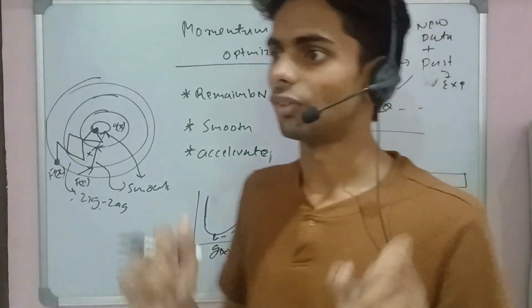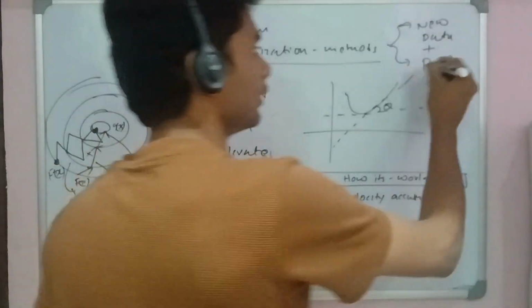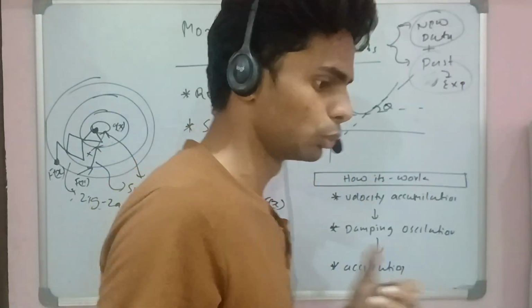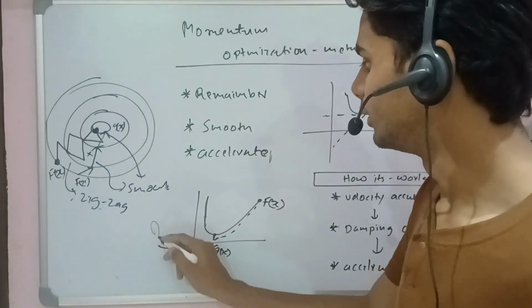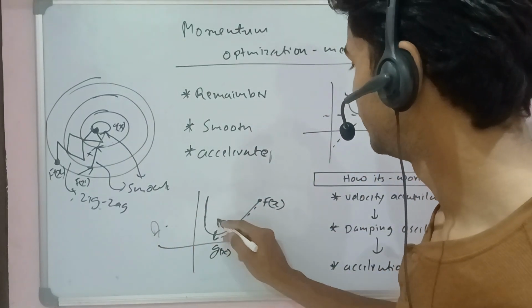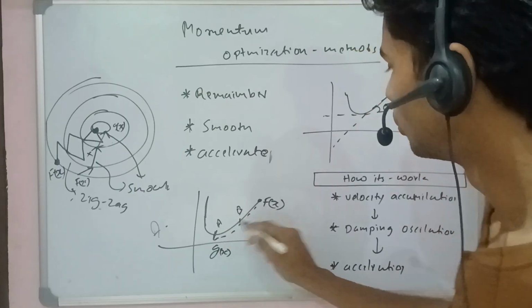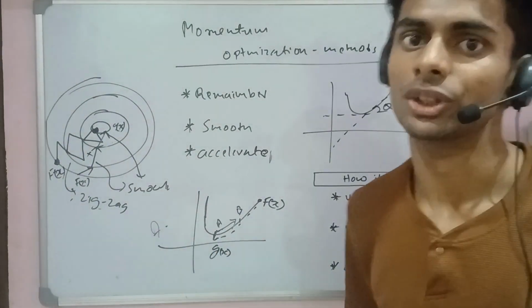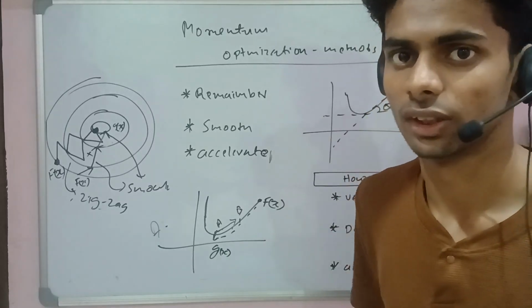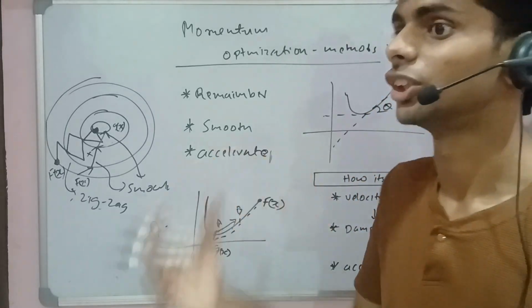Let's suppose the first thing is fresh data, new data. If you are moving from A to B, you need to look at the current situation also. This is called fresh data. And a little bit about past experiences.